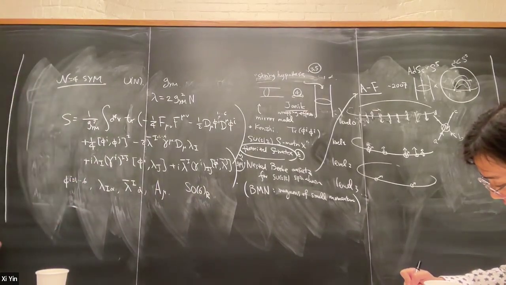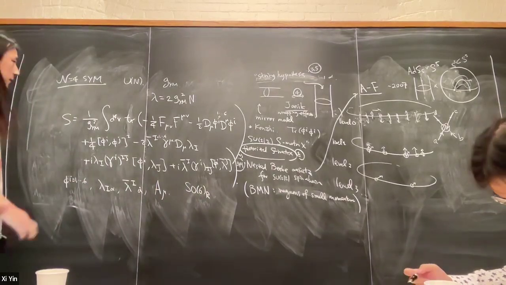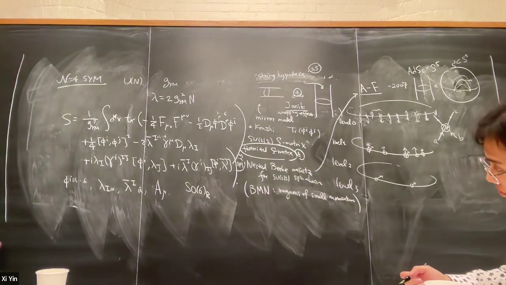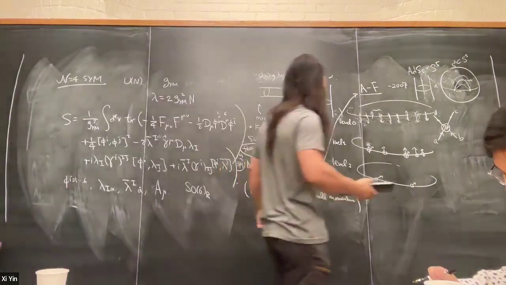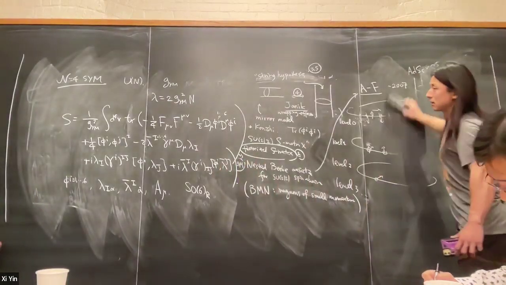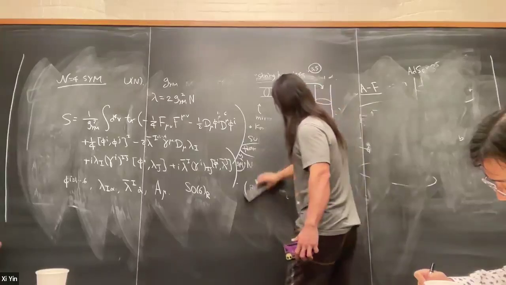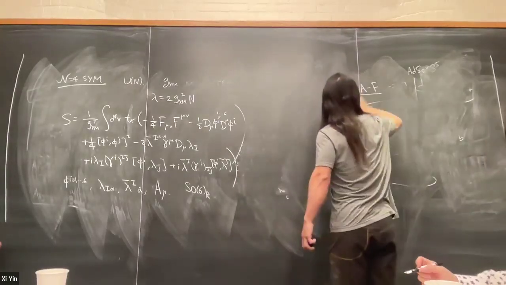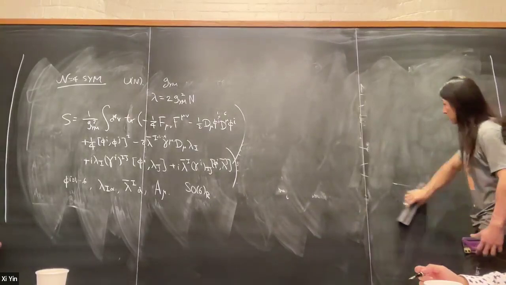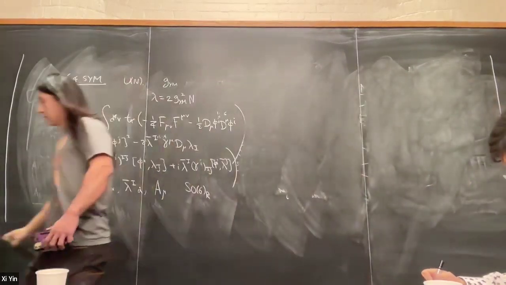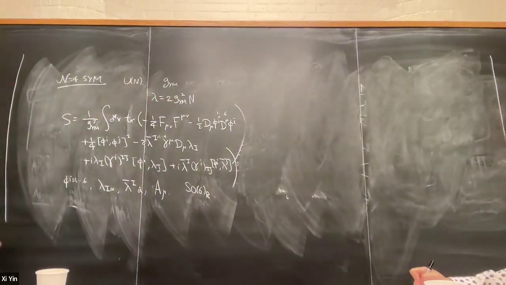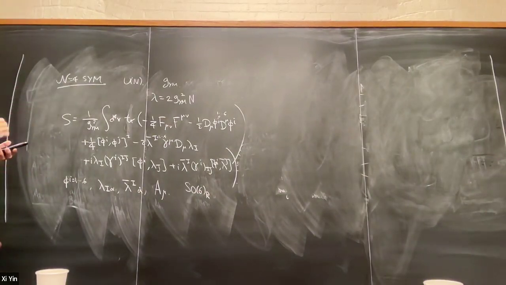The theta term is not relevant in the planar limit, so I'm not going to bother with that. Anyway, all these details are already in the string notes, Chapter 20.